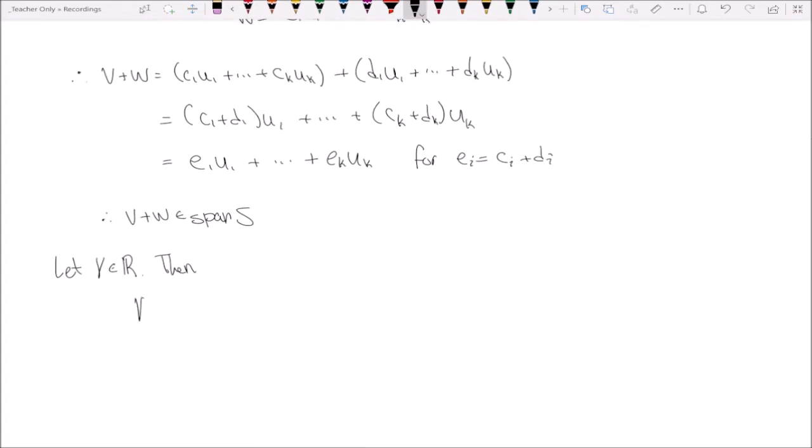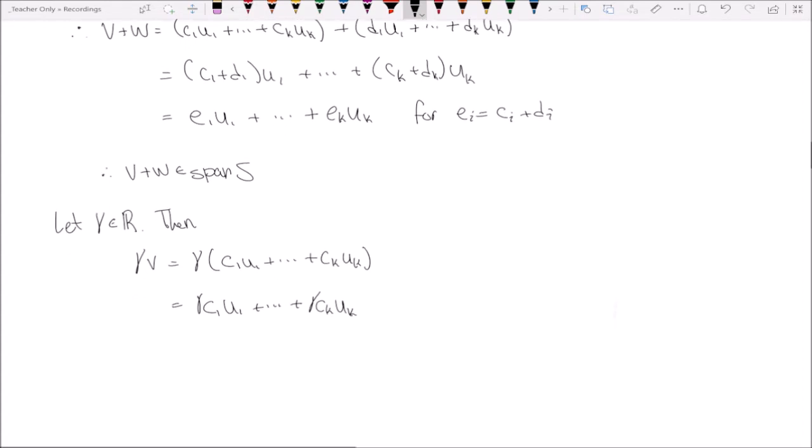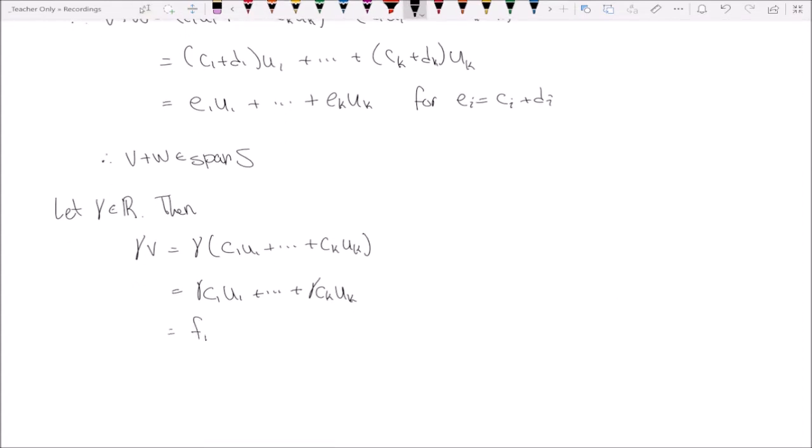Then, if we look at gamma times V, right, this is gamma times C1U1, right, so on and so forth, plus CKUK, which is gamma C1U1 plus so on and so forth, plus gamma CK UK, and we can write this as F1 U1 plus so on and so forth plus FK UK for F sub I equaling gamma times C sub I. Right?